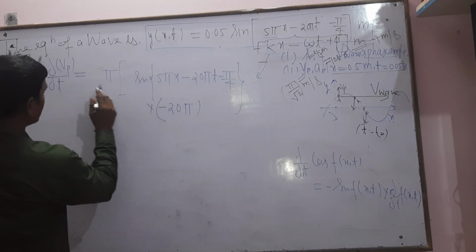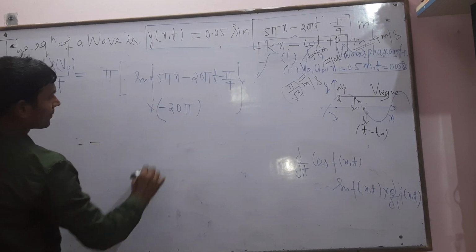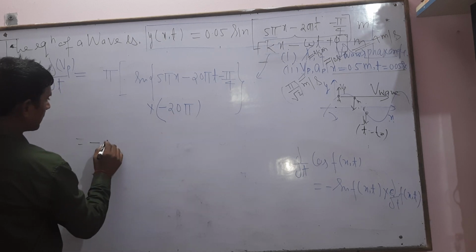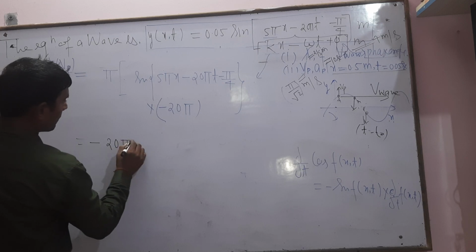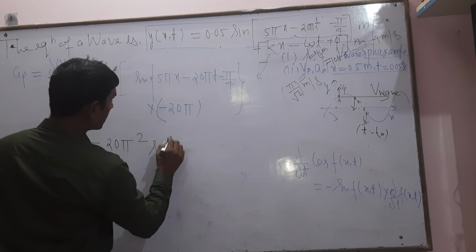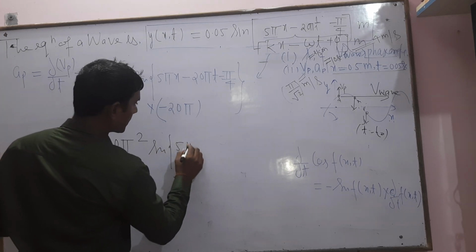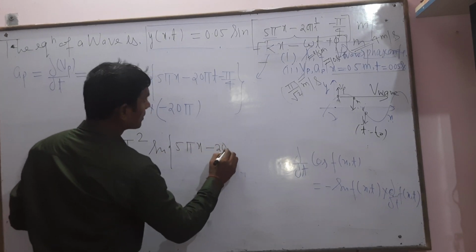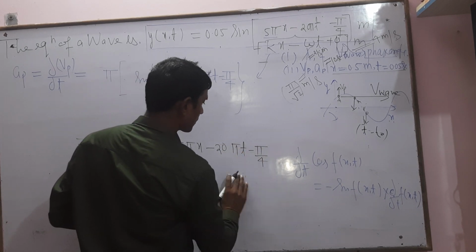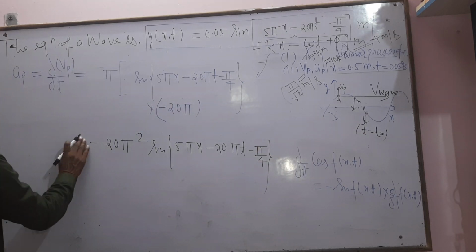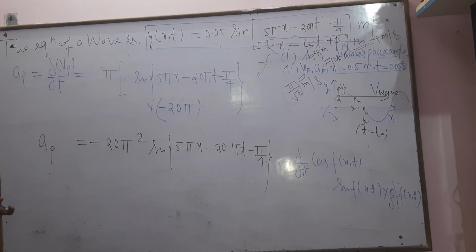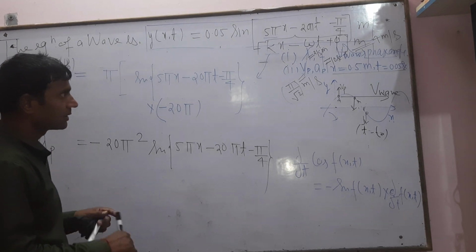So this minus will come out here, minus 20 into pi into pi, pi square, into sin(5 pi x minus 20 pi t minus pi by 4). a_p means acceleration of the particle equals that number.